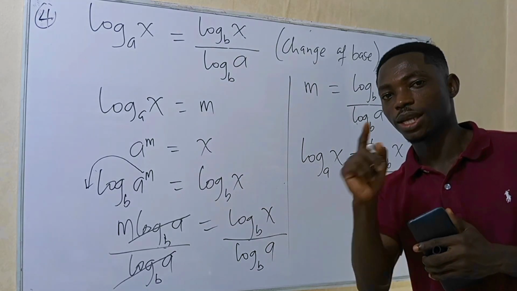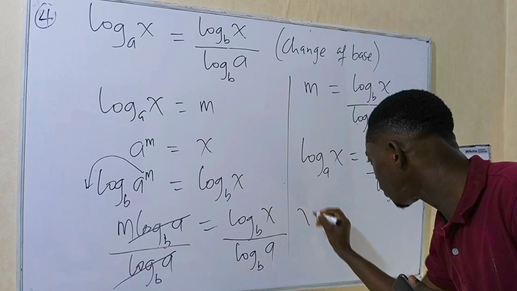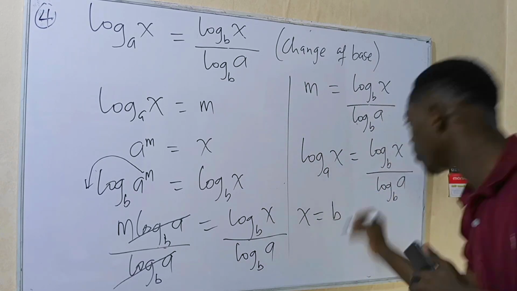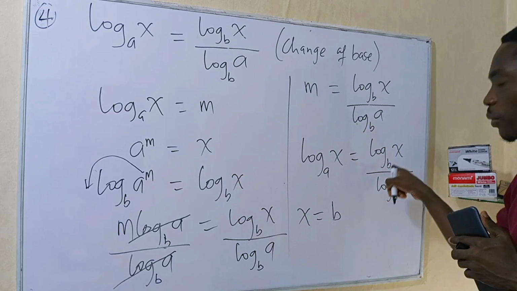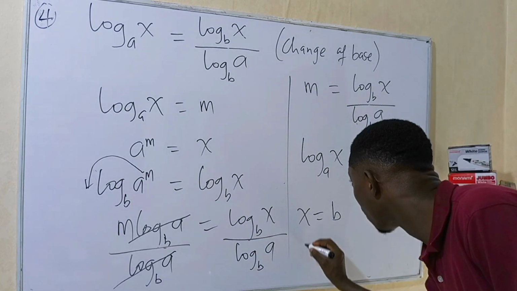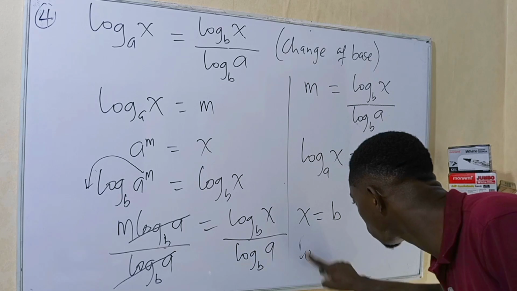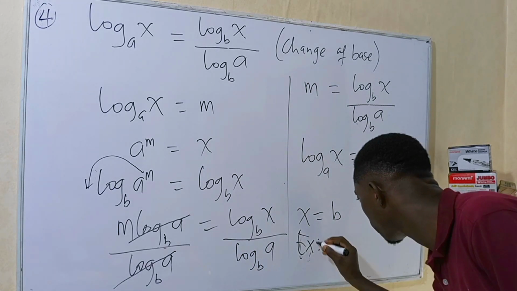But guess what? There is an exception though. What if x is equal to b? What if this x right here is the same as the base that we want to change to? If that happens, then let me put this here, exception. The exception is very, very important.